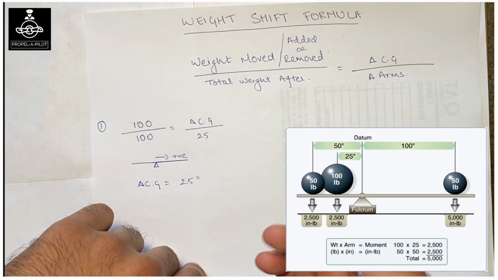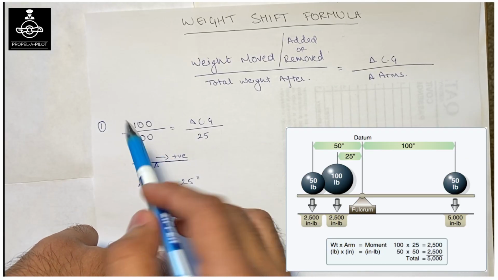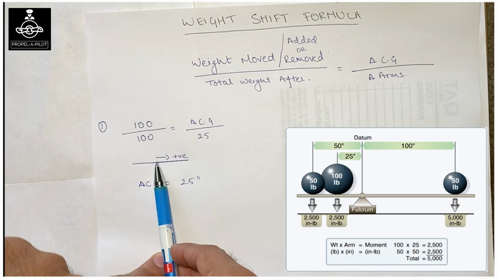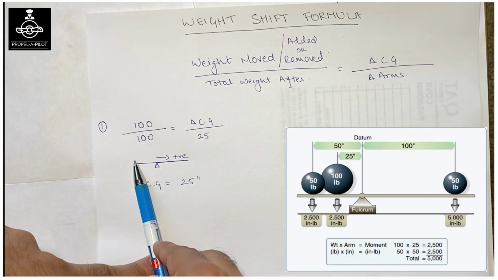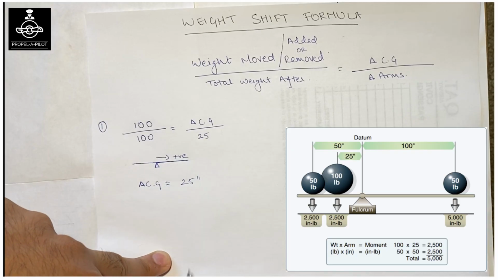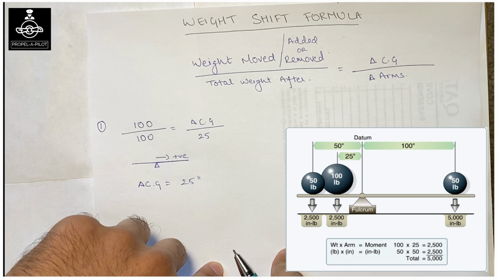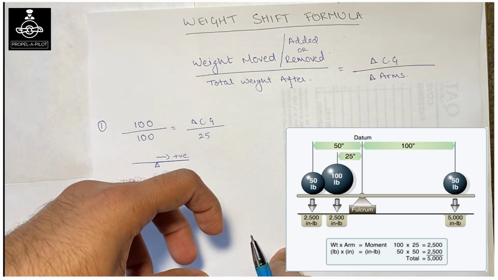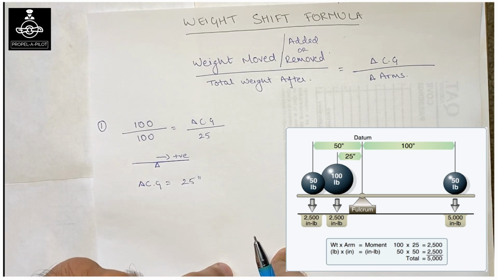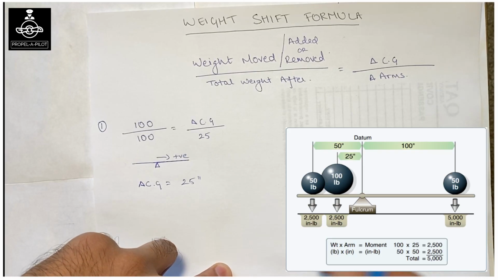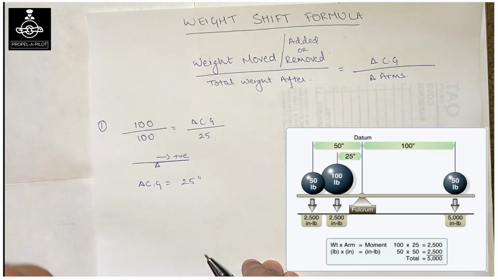As I said, people put positive and negative values because the CG can either move to the right or to the left. How I like to do it is use common sense. If the 100-pound weight is removed from the left, it means that the CG will move towards the right because you are removing a weight from this side.